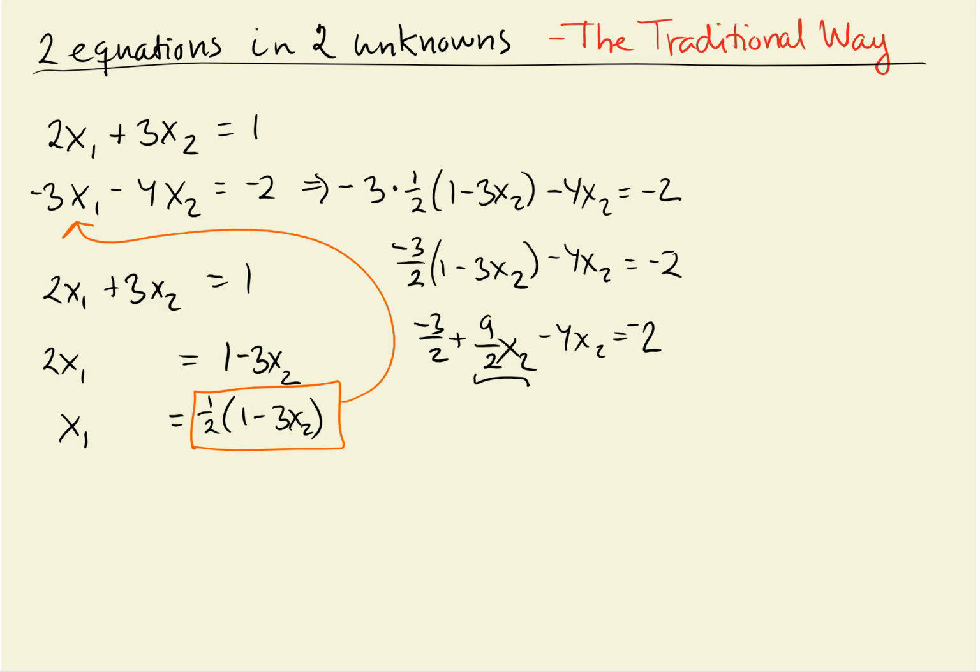So how many x2's have I got here? This is the same as minus 8/2 x2. So in total I would have 1/2 x2 over here, and then I add this 3 over 2 on each side, and I obtain -2 plus 3/2.